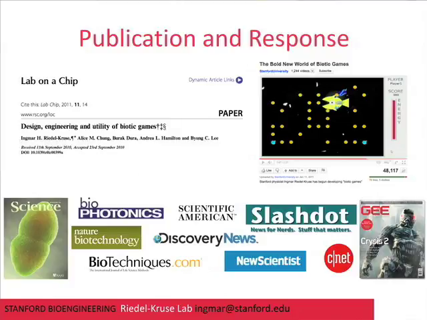We also published this. We got good responses both from the scientific community as well as the more geeky game environment. And so this really made us think there is something here to bring these things more forward, make them more robust, and really use them for public engagement, for education, and maybe also for research.